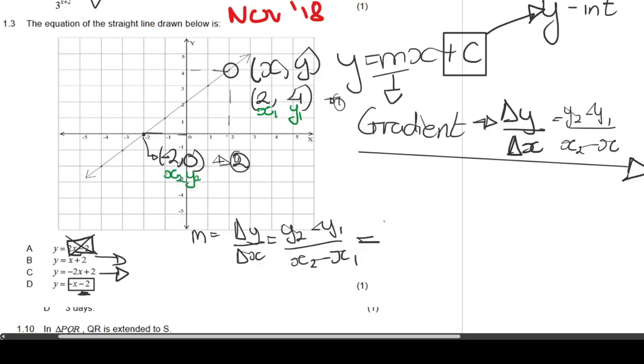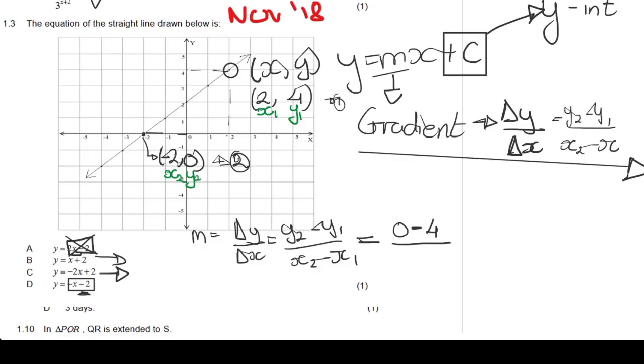So let's then just substitute. So y2 is 0 minus 4, and then x2 is minus 2 minus 2, which is equal to minus 4 over minus 4, which is equal to 1, right?